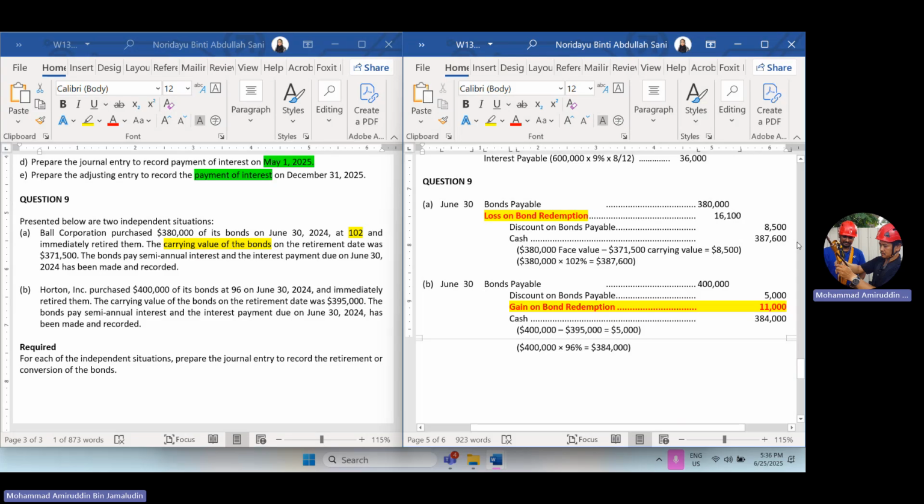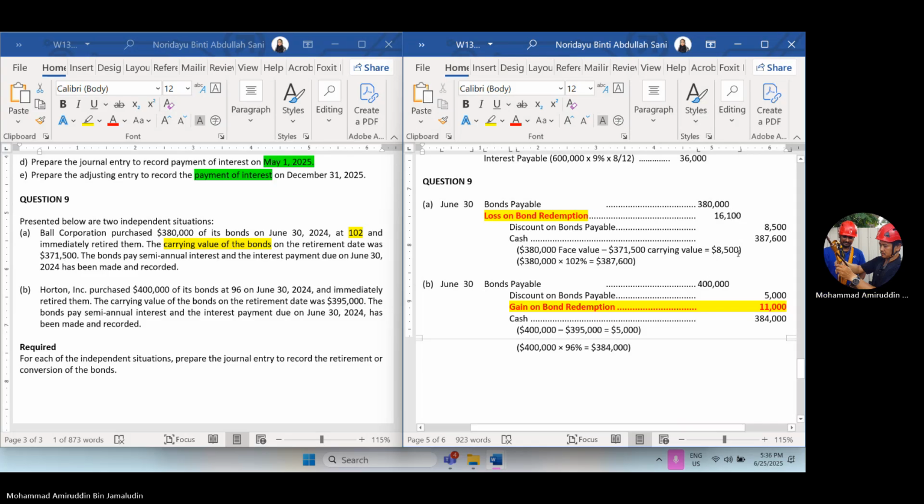Hold on. You go to the credit side. Okay. First you find how much is the discount. Okay. Discounts on bonds payable. Your face value is 380,000. After that, my carrying value is 371,500. So that's a difference.